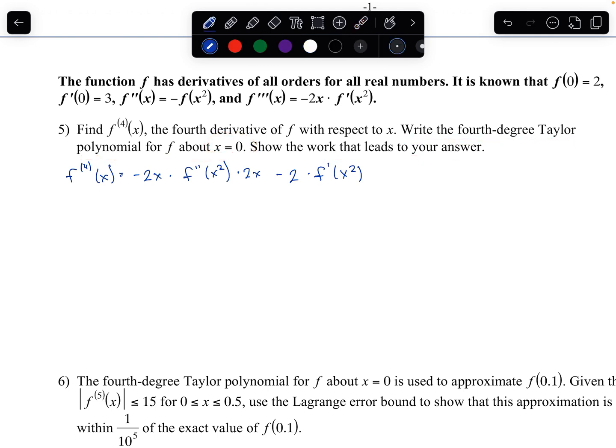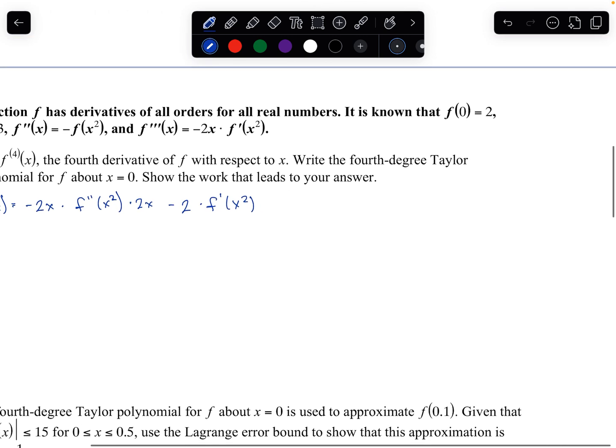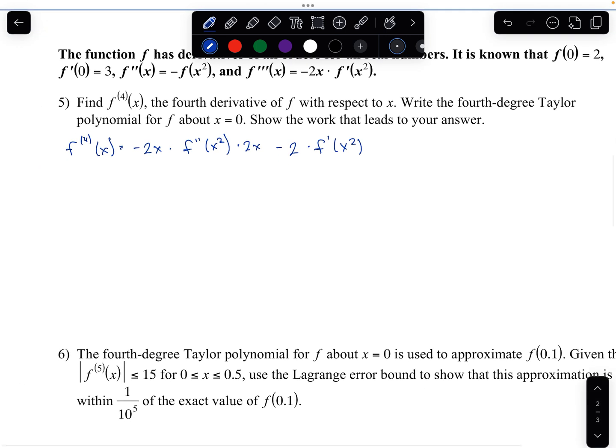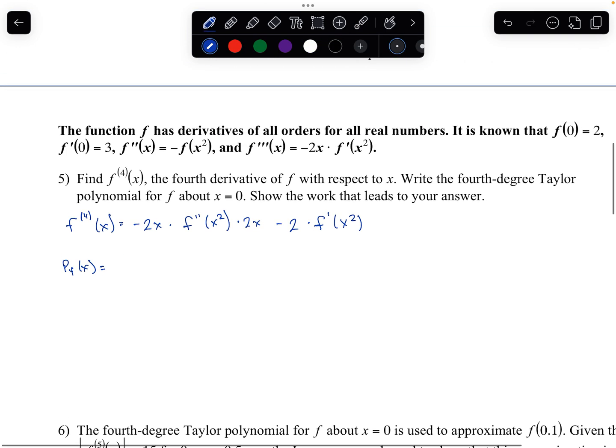Okay, so a fourth degree Taylor polynomial, I'm going to call it p sub 4 of x, is going to be equal to, so we need a sub 0. I'm going to write up here. So the fourth degree Taylor polynomial should look like a sub 0 plus a sub 1 times x, well, it's centered at 0, so it's just going to be a sub 1 x.